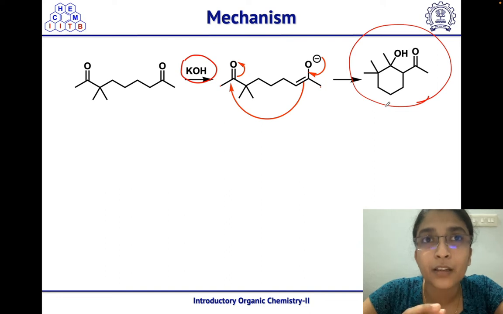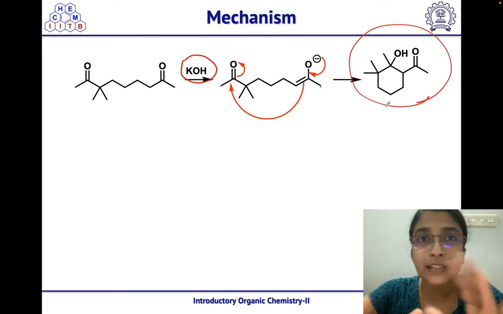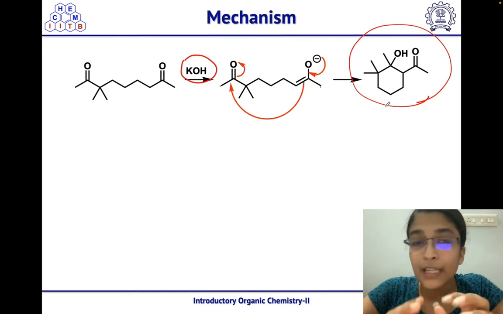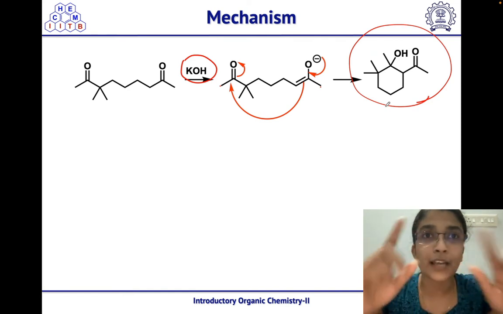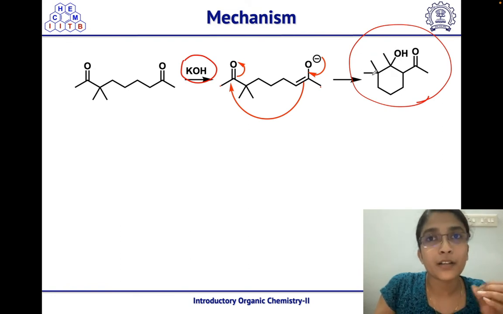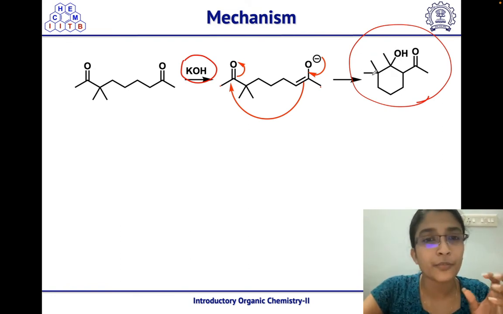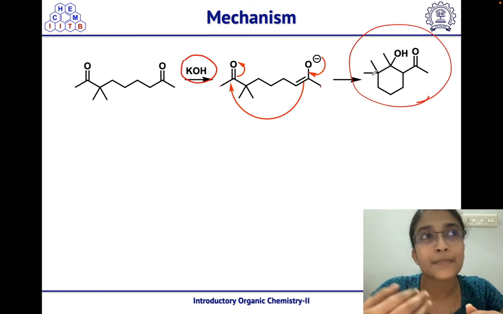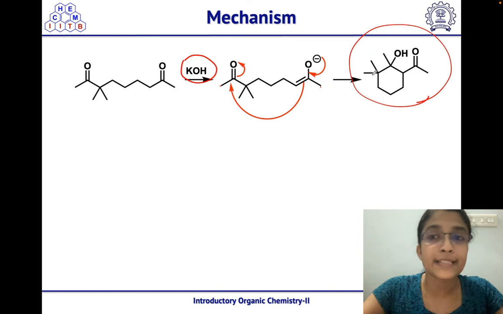The angles that will be formed around the carbons in a six-membered ring will cause stability. I will explain it in the right way in the next class.